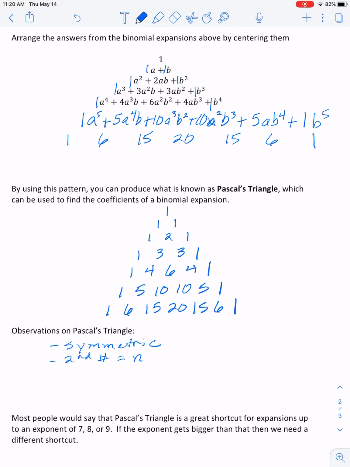So if you're doing a plus b to the 7th power, the second number in the row would be a 7. And maybe the other thing you should recognize from both Pascal's triangle and our variable work is that there's always n plus 1 terms in a binomial expansion.